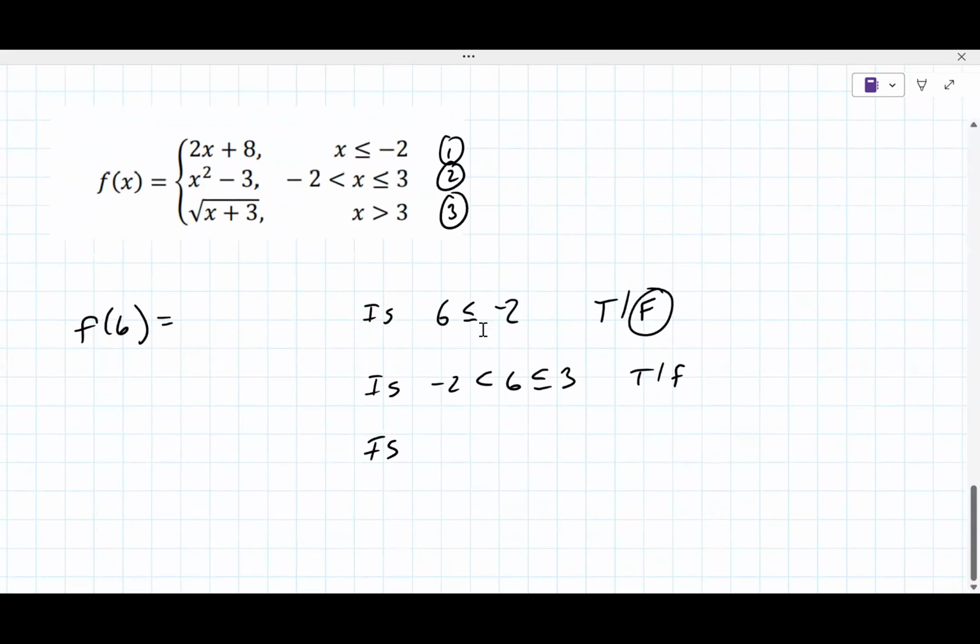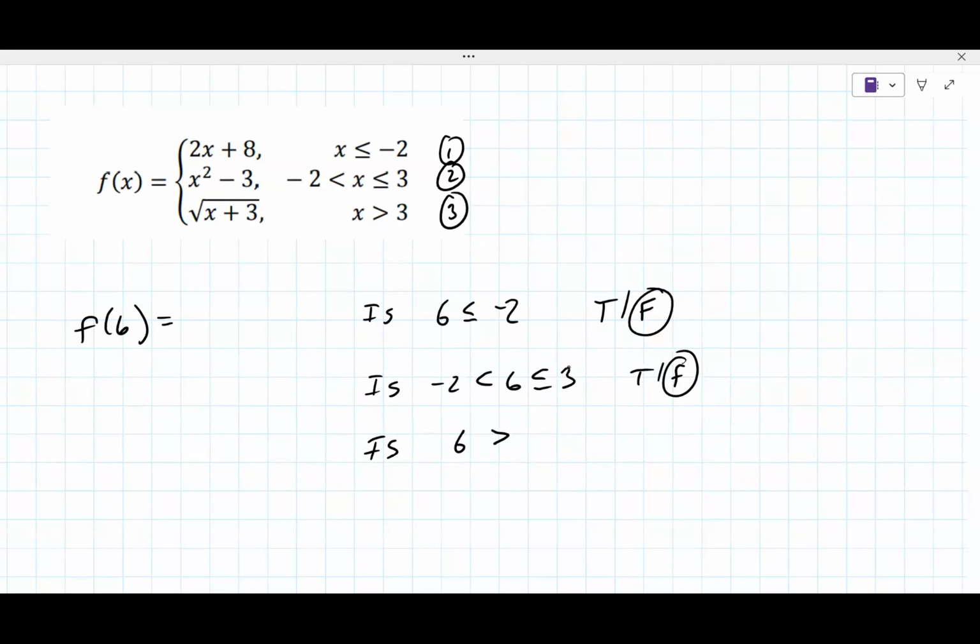So is 6 between -2 and 3? False. No. All right.